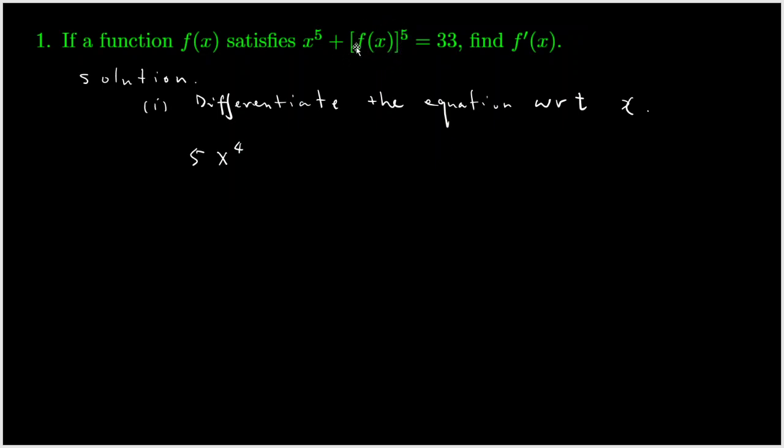So do not forget to use the chain rule. The answer can be written in terms of f prime of x, but do not forget the chain rule. So do you want to try to tell me the derivative of the second term on the left hand side?